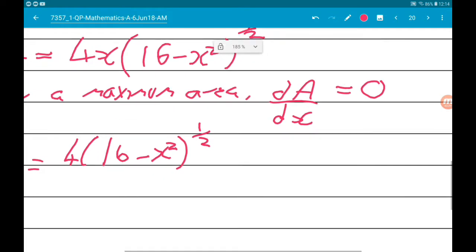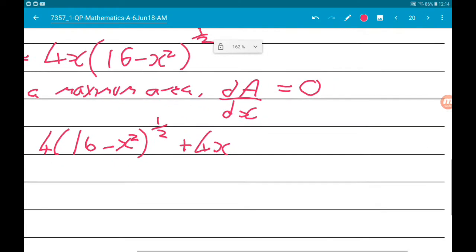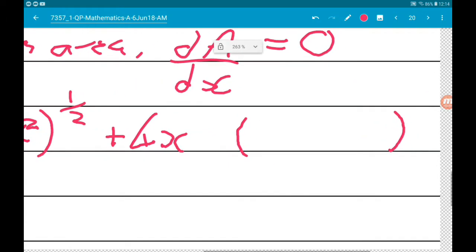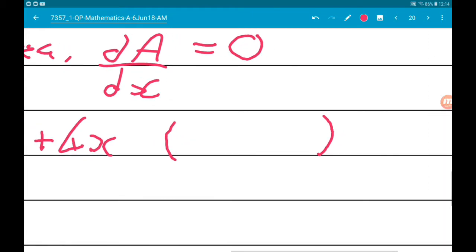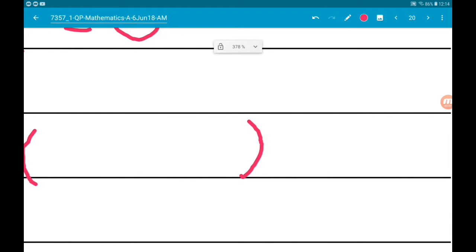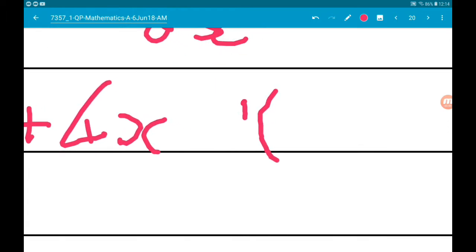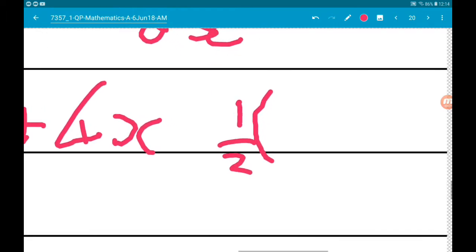So we are going to add 4x times, okay, well, the bracket itself is going to differentiate to, well, the bracket is now going to be to the power of minus 1/2, and 1/2 is going to come and sit on the outside.